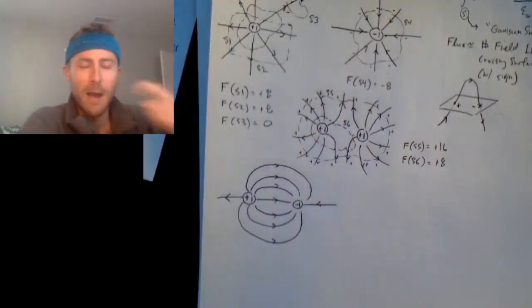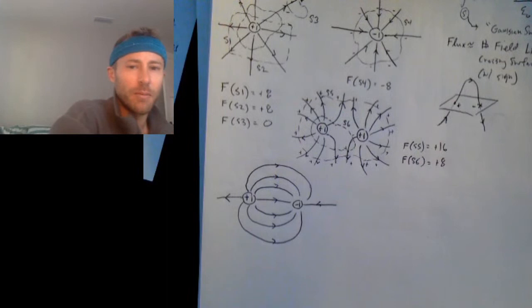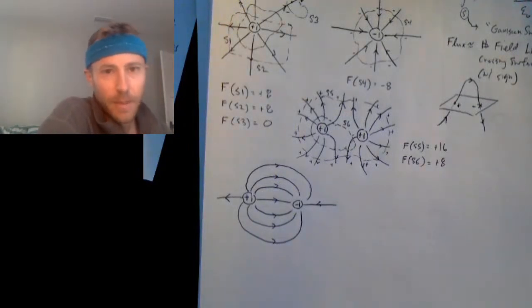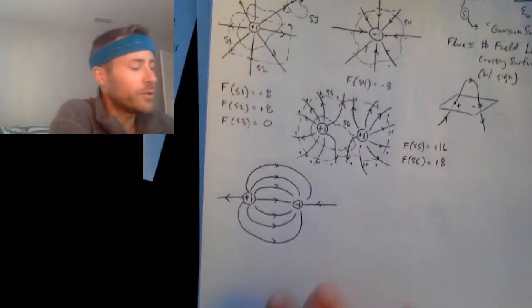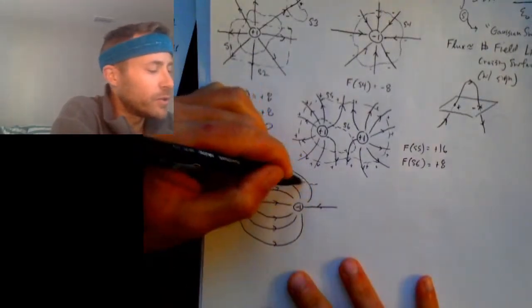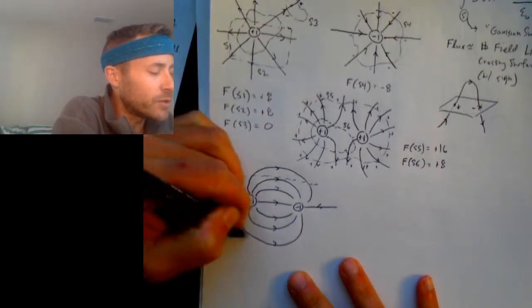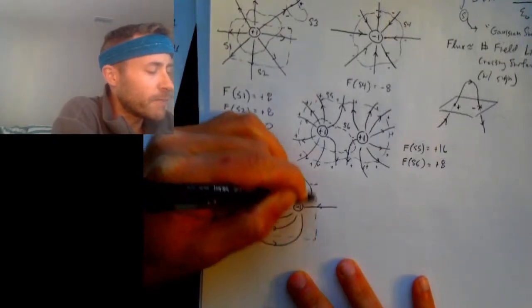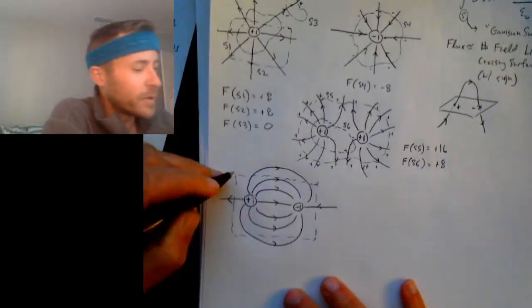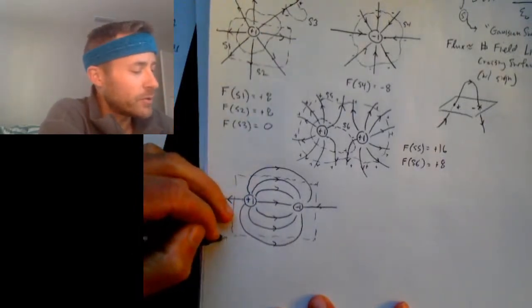Okay, so there is a dipole electric field pattern. What if I drew a surface that encloses both of these charges? Okay, so I'll call that surface 7.